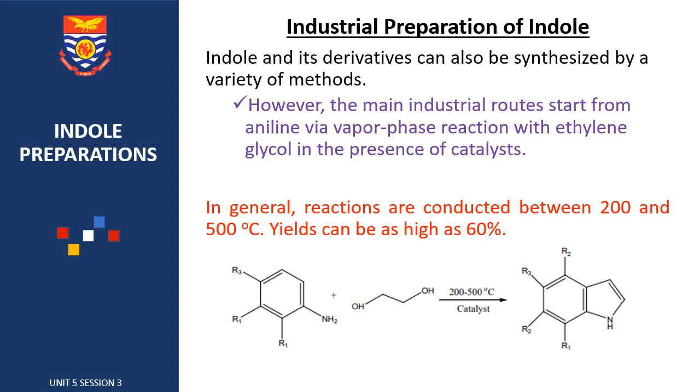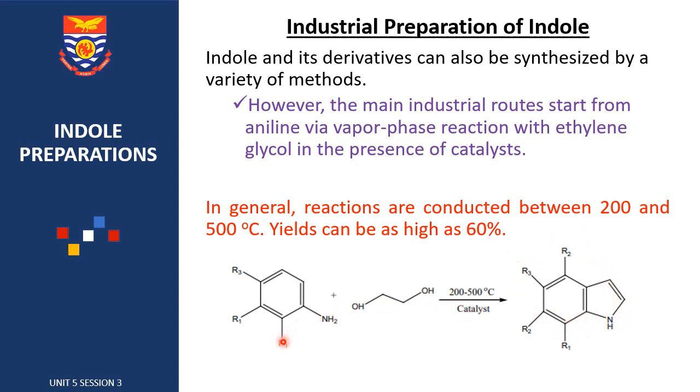In general, the reaction is conducted between 200 and 500 degrees Celsius, and the percentage yield is almost always 60%. So we have our aniline, which is reacted with ethylene glycol in the presence of a catalyst at this temperature to produce this.